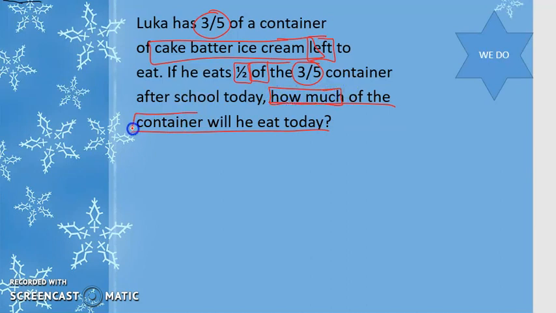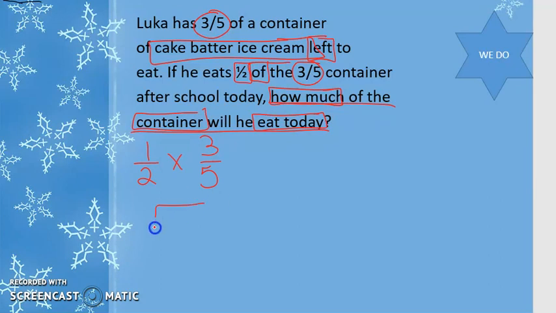How much of this container will be eaten today? So we want 1/2 of this 3/5 container. And I'm going to show you in model form, and we're also going to do standard algorithm.